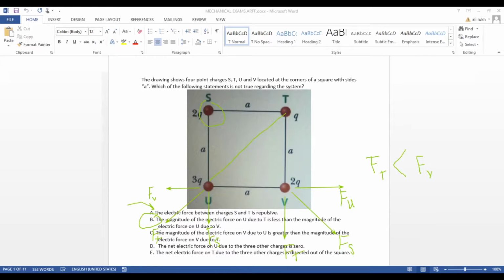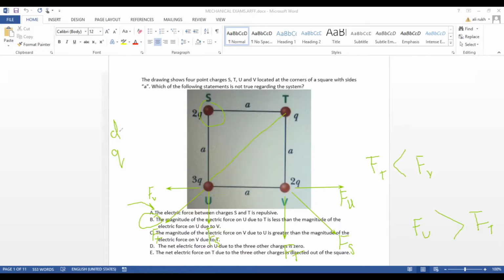In statement C, they're talking about the magnitude of the force on V due to U, Fu, being greater than the magnitude of the force induced on V due to T, Ft. That's the comparison they're talking about in the statement. So two things you need to notice again: distance and the magnitude of the charge.